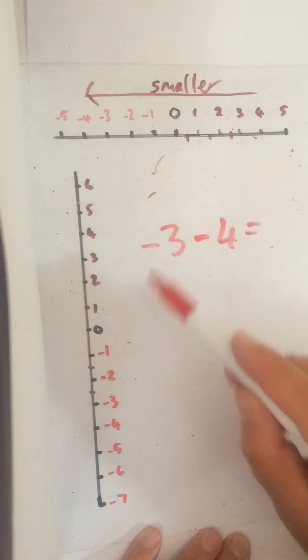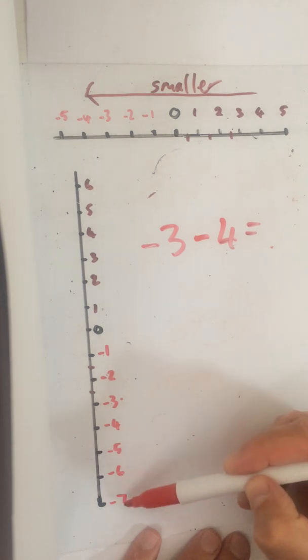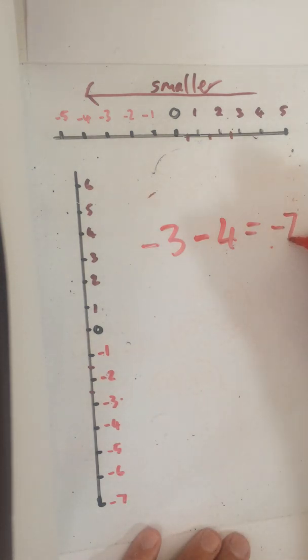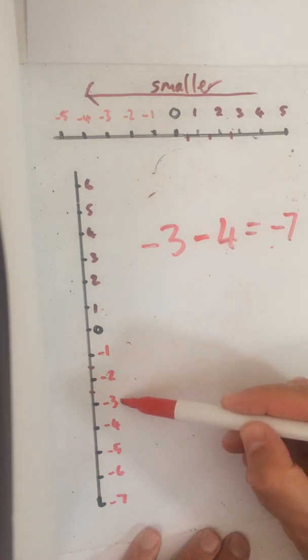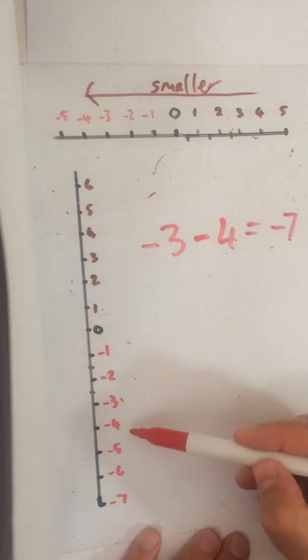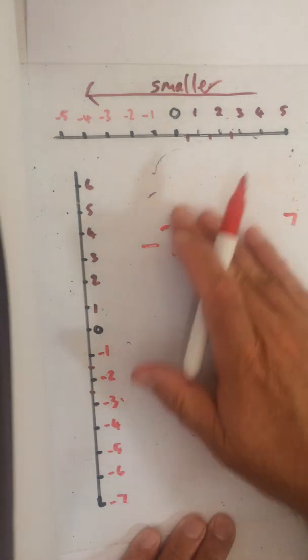So it goes 1, 2, 3, 4. Minus 7. It was minus 3 degrees centigrade. It's gone colder by 4 degrees, so it's now minus 7.